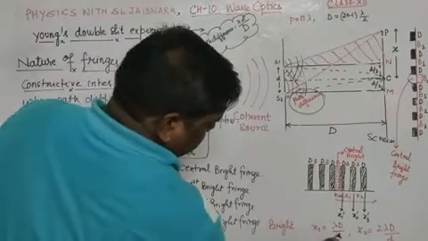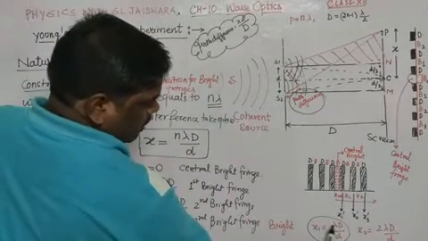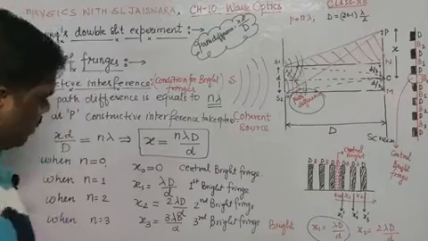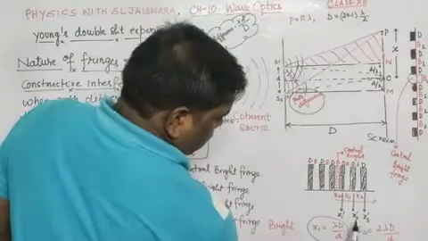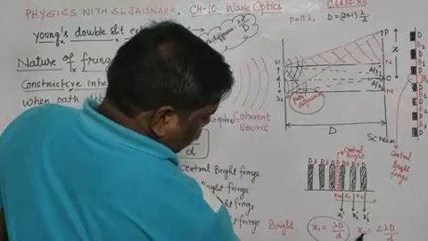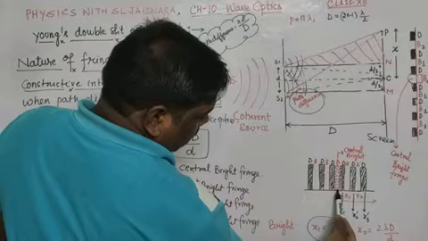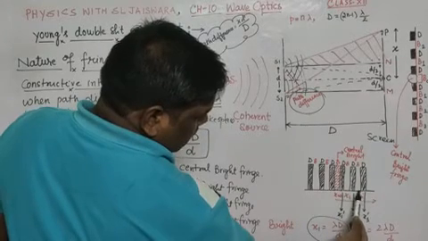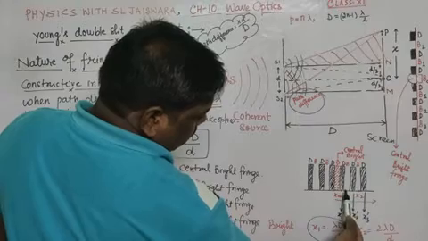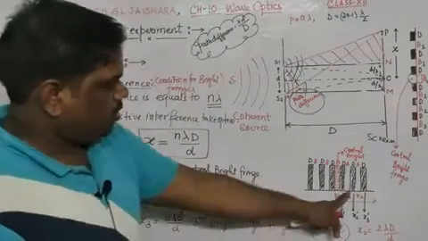That's what I have written here. This is the position of the first bright fringe, 1 lambda capital D upon small d, and this is the position of the second bright fringe. This is central bright, this one is x1, first bright, second bright. In between first and second bright, there is a dark fringe.